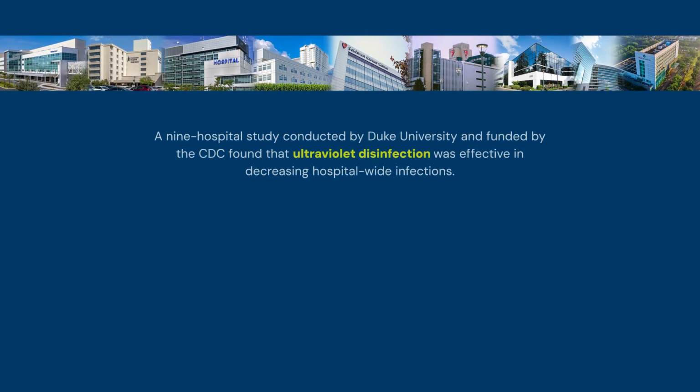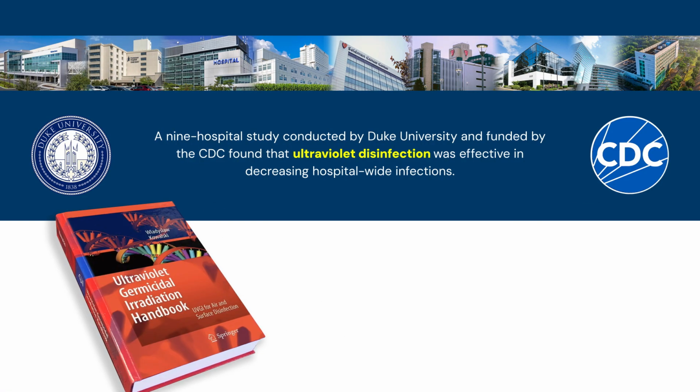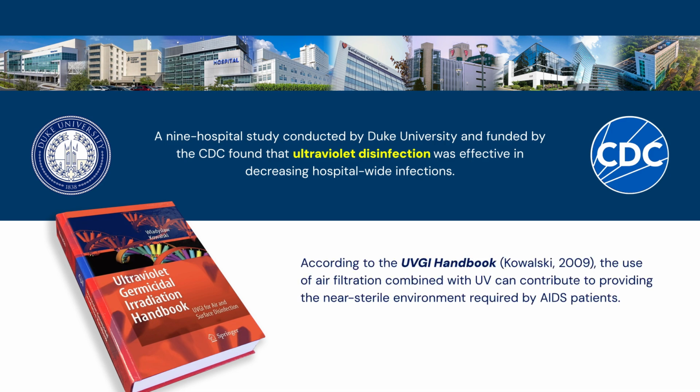A 9-hospital study conducted by Duke University and funded by the CDC found that ultraviolet disinfection was effective in decreasing hospital-wide infections. According to the UVGI Handbook, Kowalski 2009, the use of air filtration combined with UV can contribute to providing the near-sterile environment required by AIDS patients.